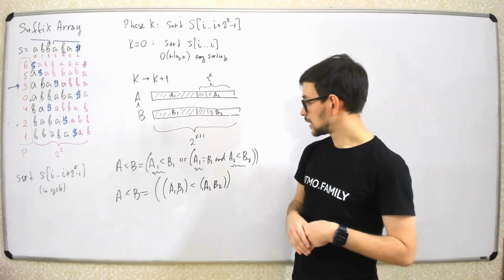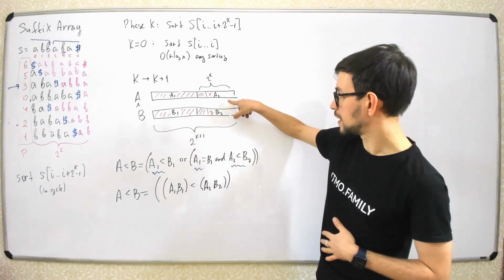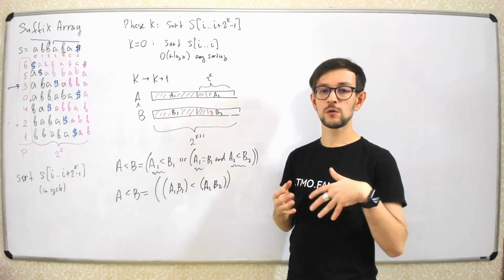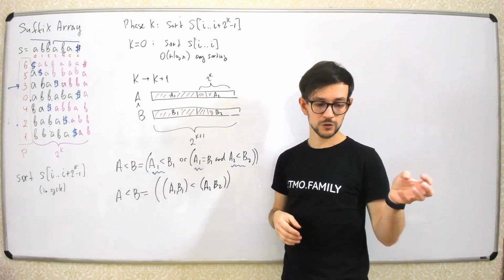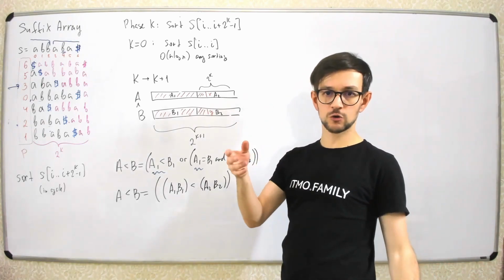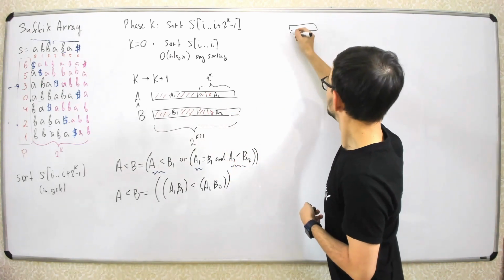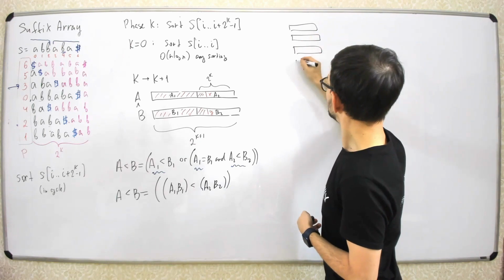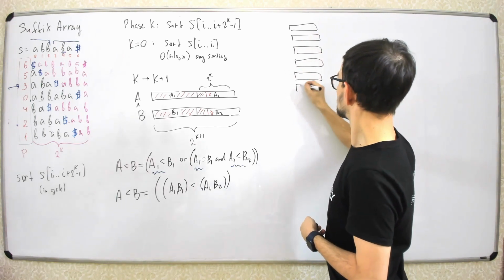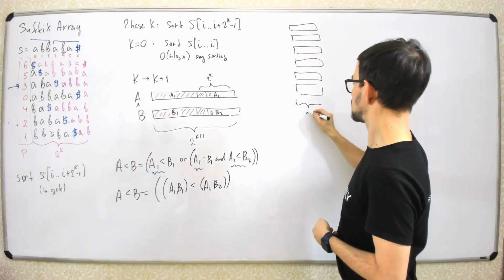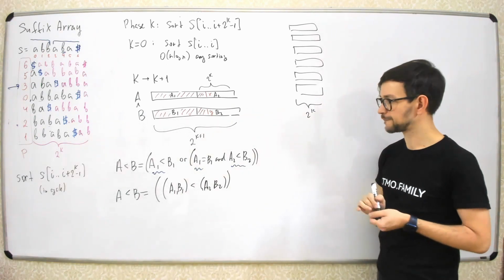Now, how to compare two strings of length 2 in power of k? We will use the result from the previous step. In the previous step, we already sorted all the strings of length 2 in power k. So we have the sorted array of strings of length 2 in power k.